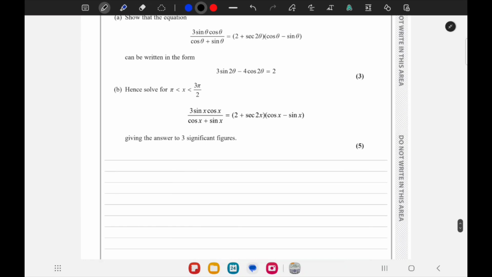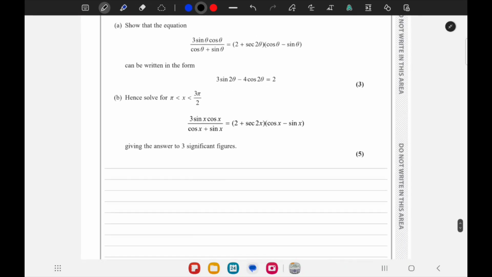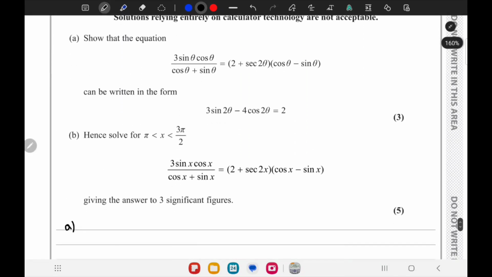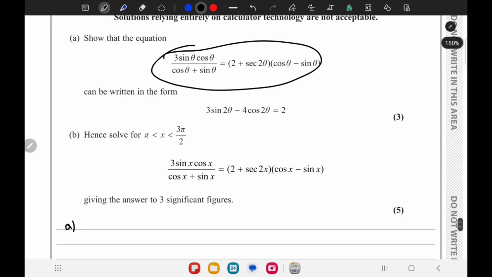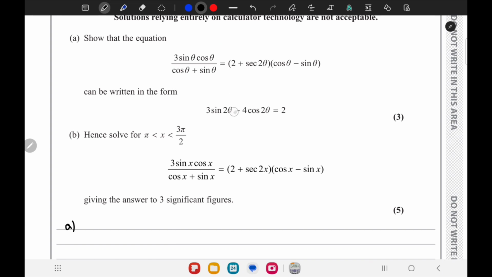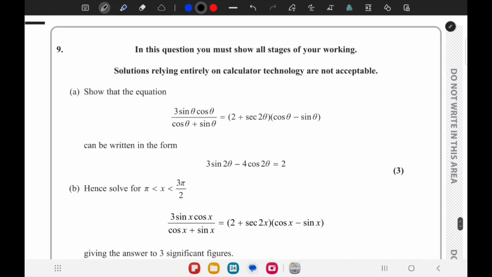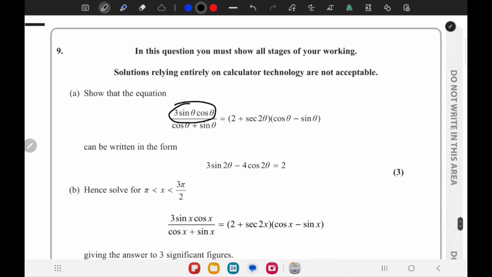It's a question on trigonometry. So in part A, we have to show that this whole equation can be written in this form. I'll just do it over here. We can write 3 sine x cos x like this.